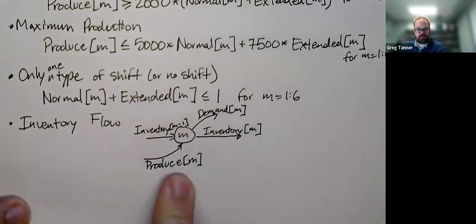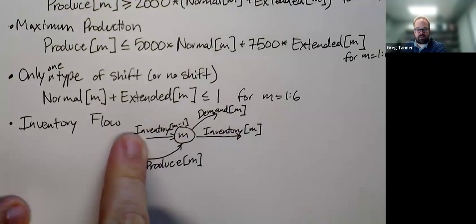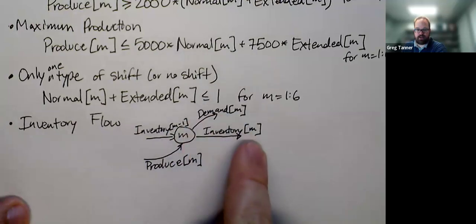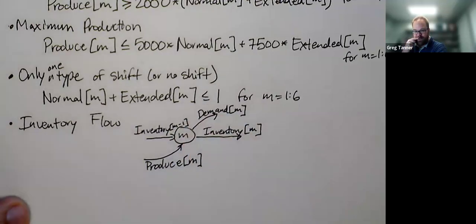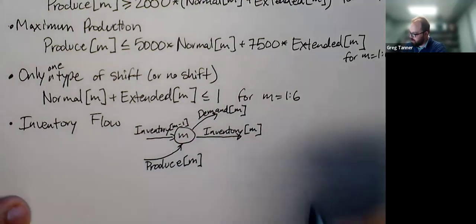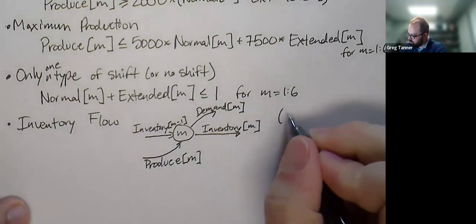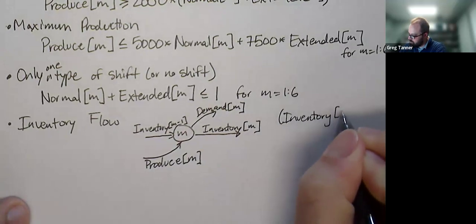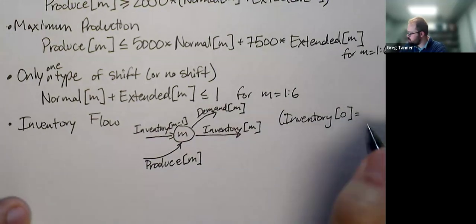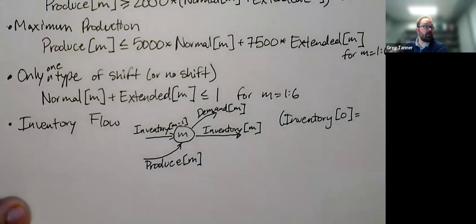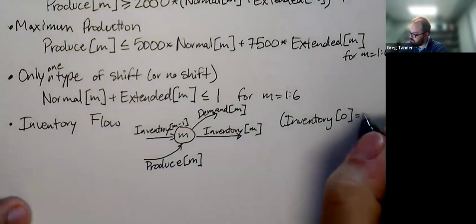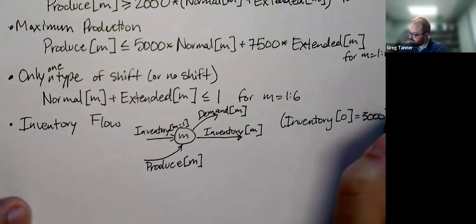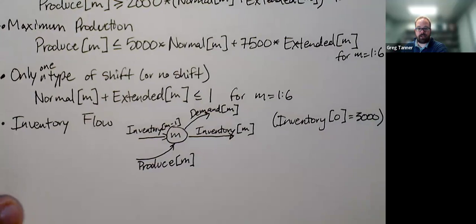So that month's production and the last month's inventory flow into a given month, and then demand and the current month's inventory flow out of a given month. We also start off with inventory in our model, which we'll call inventory 0. There are 3,000 units of inventory from the month before the 6 months that we're looking at.